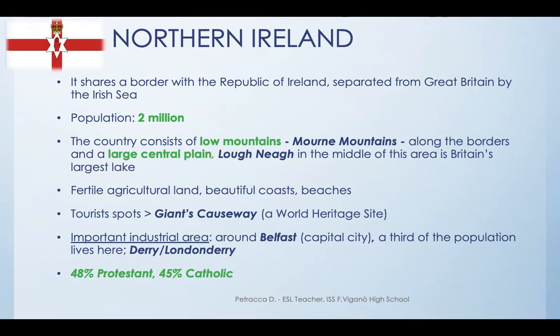And we should mention also Derry, also known as Londonderry. 48% of the population is Protestant, 45% is Catholic. There is a long story of conflict between Northern Ireland and the Republic of Ireland, but we will focus on these historical events known as the Irish Troubles in another video lesson.